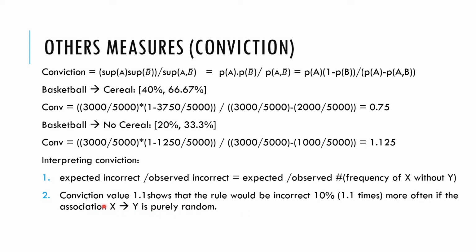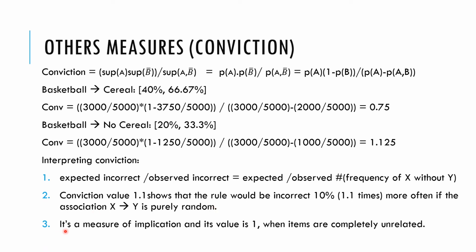So there are two ifs here. One is that the value is 1.1, more than 1, and the other is that the association is purely random, that means they are not dependent on each other. Then the rule would be incorrect 10%, or 1.1 times, more often than it should be. Third, it's a measure of implication.